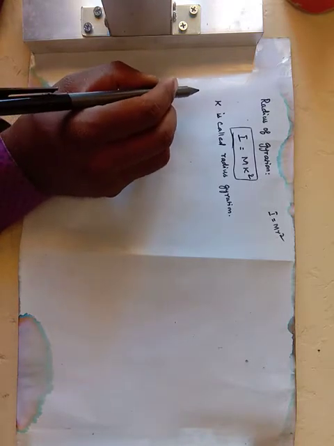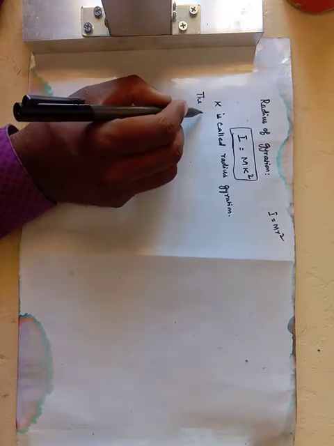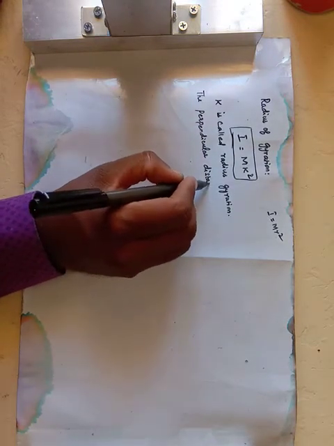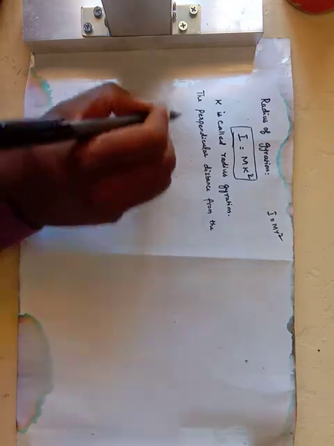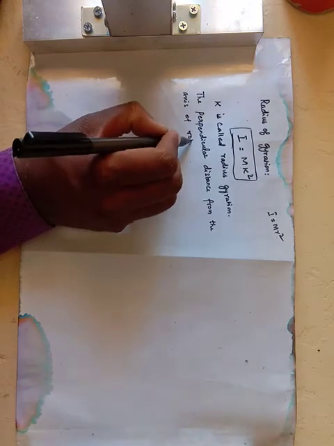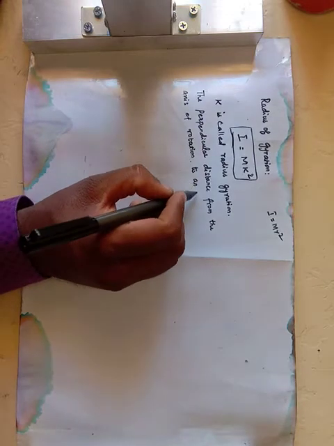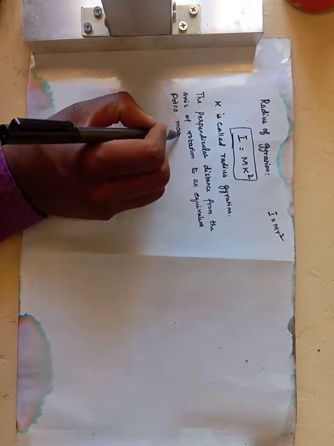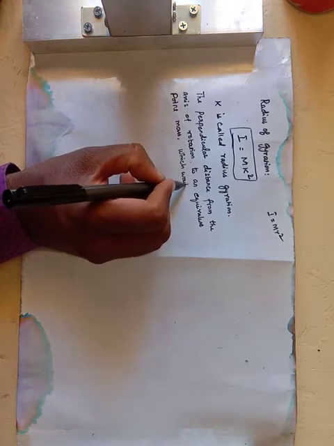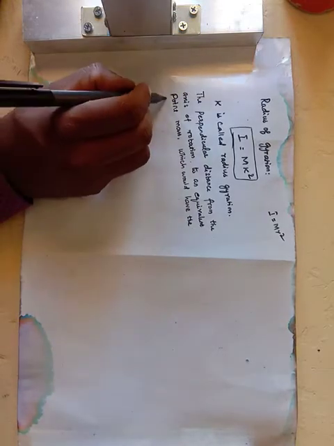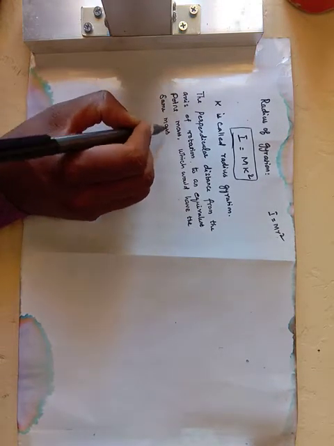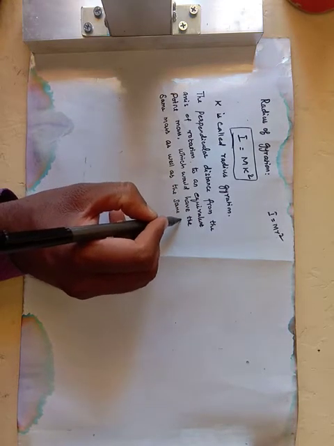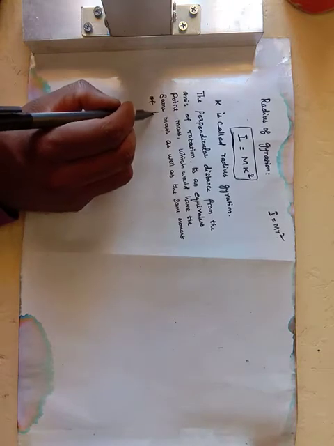The radius of gyration of an object is the perpendicular distance from the axis of rotation to an equivalent point mass, which would have the same mass as well as the same moment of inertia.